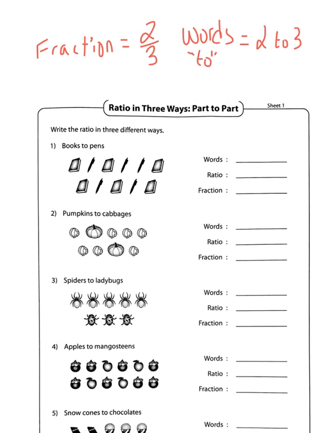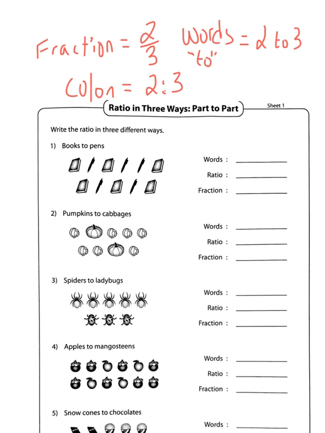And then the third way that I can write a ratio is using a colon. So a colon is just the 2 dots. And again, 2 apples to 3 bananas, I could say 2 colon 3. So those are the 3 ways that we can write a fraction or a ratio.